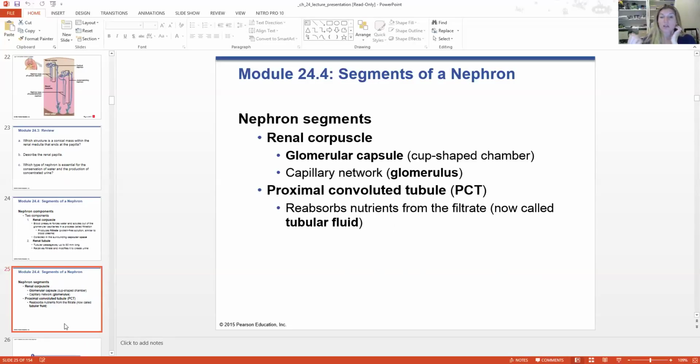So to review, blood's flowing along, and we'll talk about the series of vessels that the blood has to go through to get to the glomerulus. As the blood's flowing along, it eventually ends up at the glomerulus. At the glomerulus, the capillary, a lot of junk is going to be kicked out of our blood. This is ions, water, not proteins, not glucose unless you have really high glucose levels.